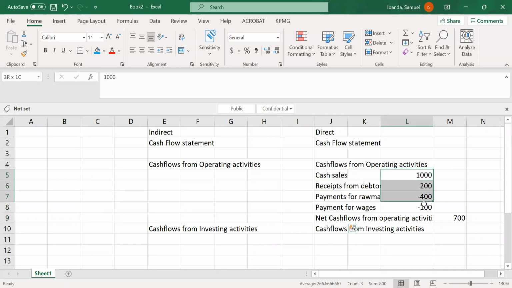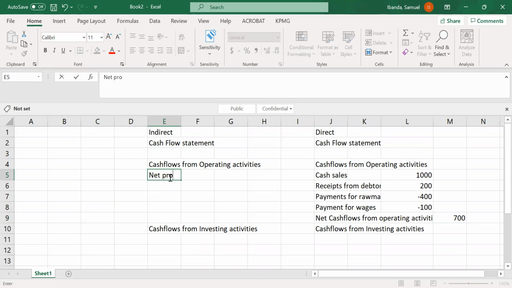It brings items directly. Now, when we are dealing with the indirect method, here cash flows, we start with the profit, the net profit for the period. So we bring, let's say our net profit maybe was 2,000.